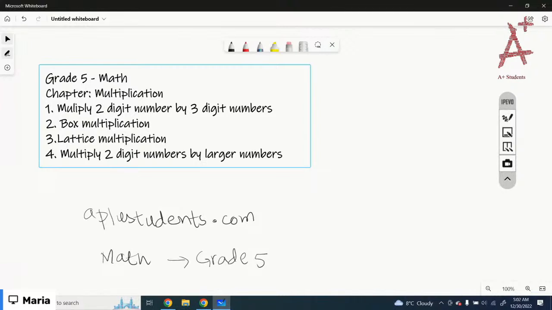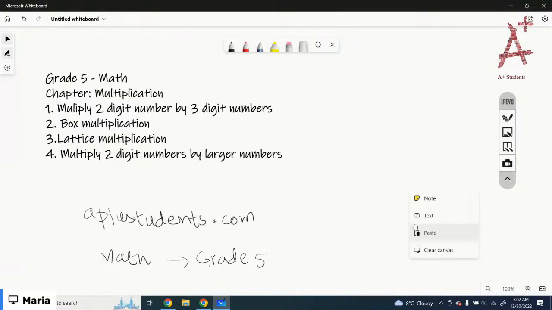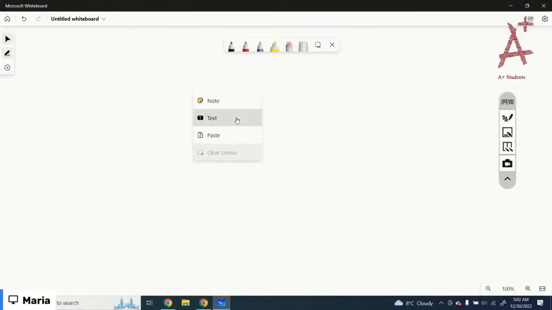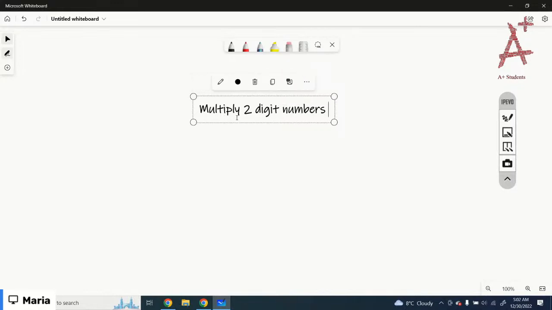Let's start with the first lesson, multiply two-digit number by three-digit numbers. Let me write down the lesson name.